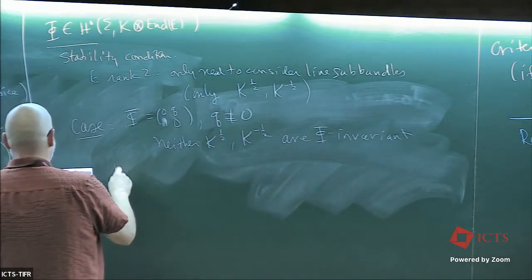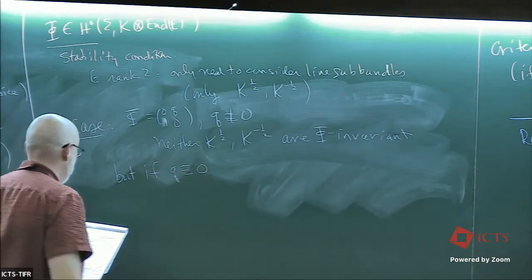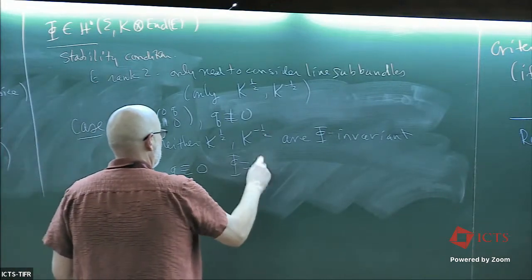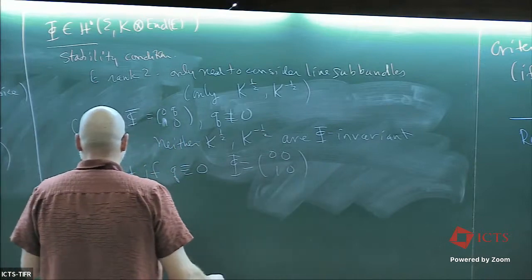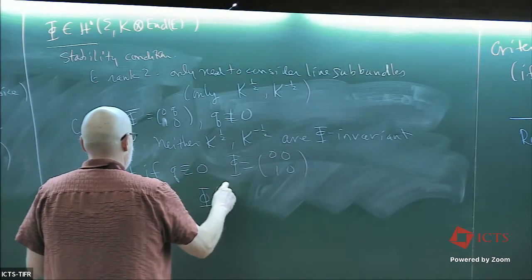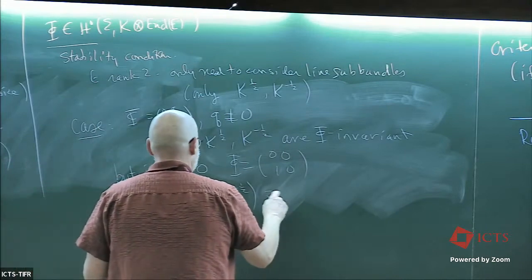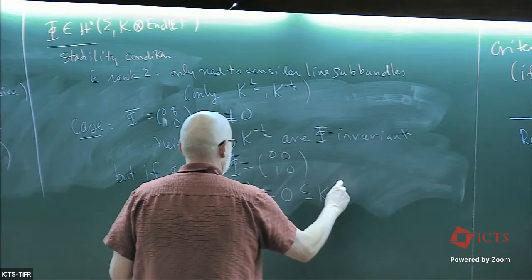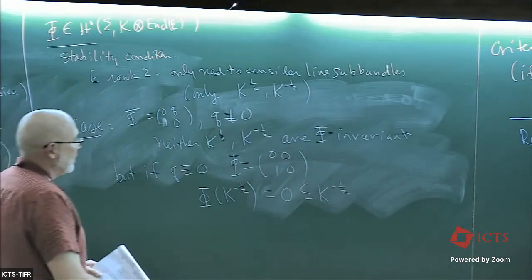But if Q is identically 0, then phi is upper triangular, and so in this case we get phi of k to the minus 1/2 is 0, which is contained in k to the minus 1/2. Okay?